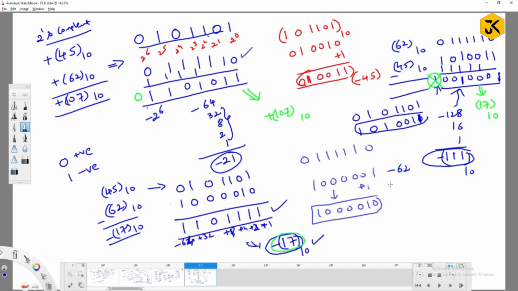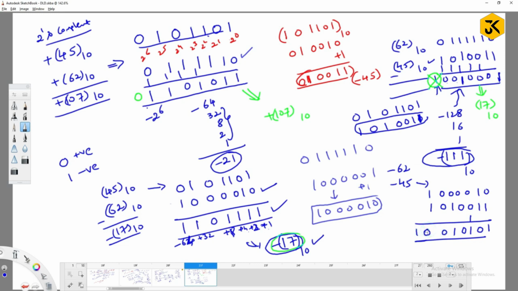Try to think of one more case. Minus 62 minus 45. What is minus 62? I think this one: 1, 4 zeros followed by 1 0. This one is minus 62. Minus 45 is this one: 1 0 1 0 0 1 1. Try to calculate 1 1 0 1 0 1 0 1 0.